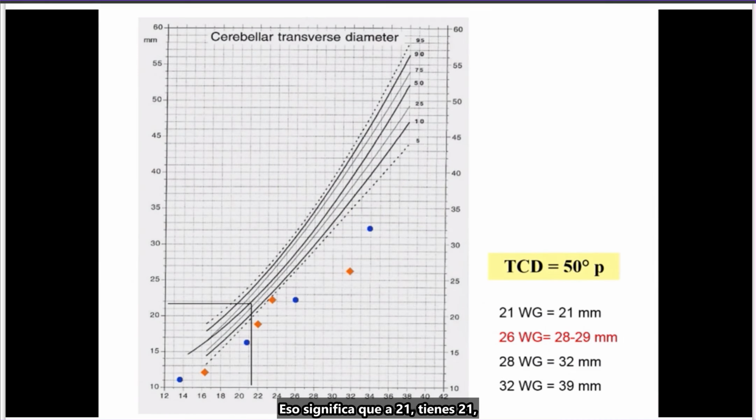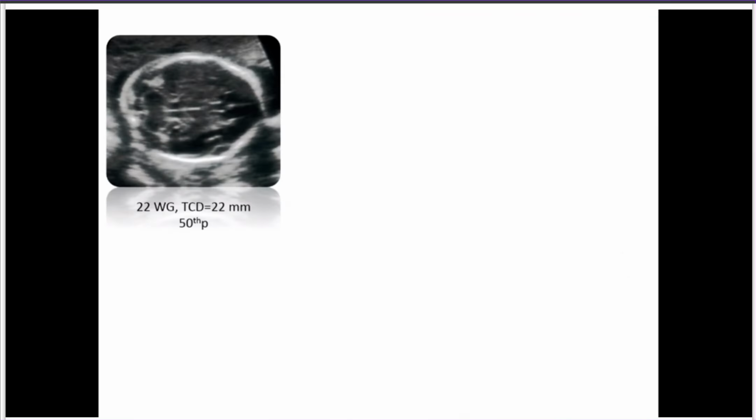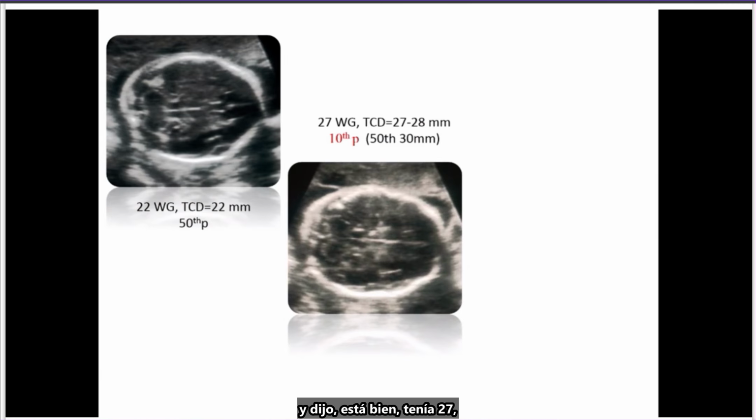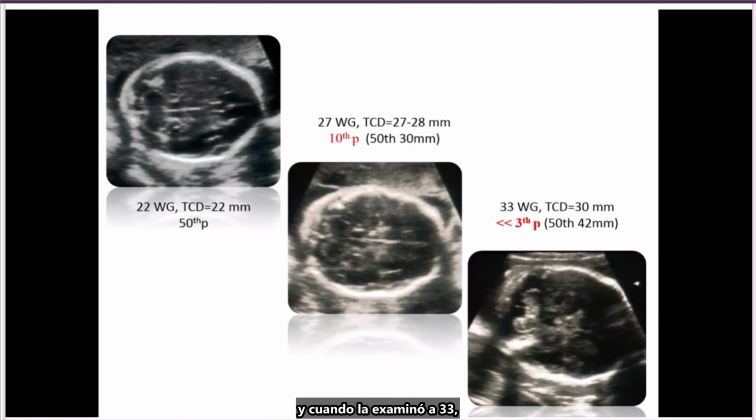That means at 21, you are 21, but 26 is 28, 29 is 32, and at 32, the mean is 39. So it's very important to keep this in mind, because in that case, at 22, it was 22, but the gynecologist scanned the patient at 27 and said it's okay, it was 27, but it was not okay, it was the 10th percentile, and when you scan at 33, the TCD was 30, and you expected a TCD of 42, and it was a complete recurrence.